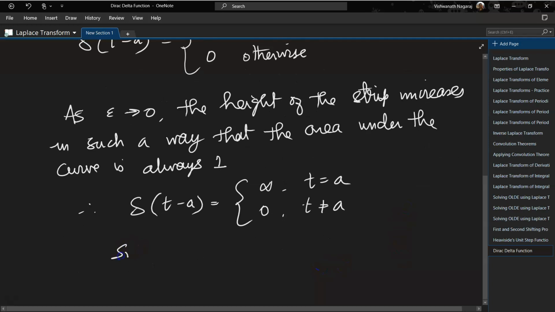This happens in such a way that the integral, that is the area under the curve of this delta function dt, is always equal to 1.